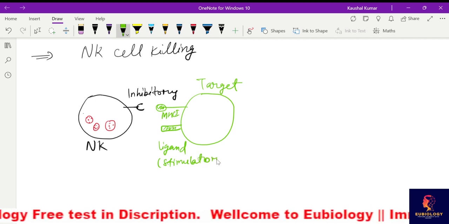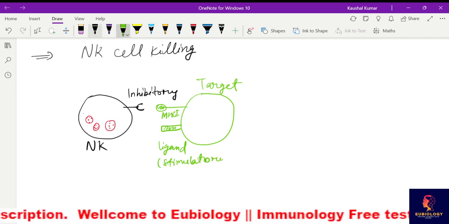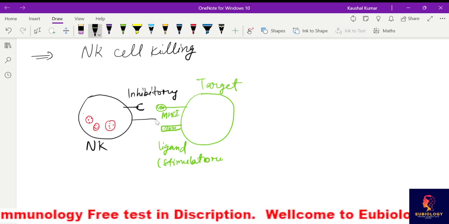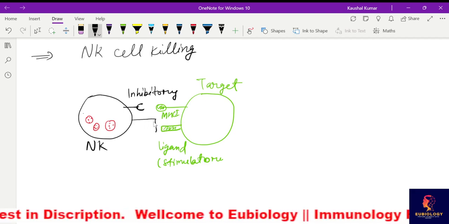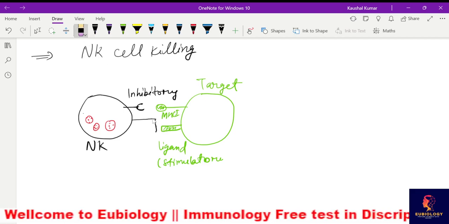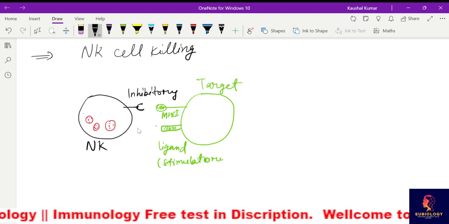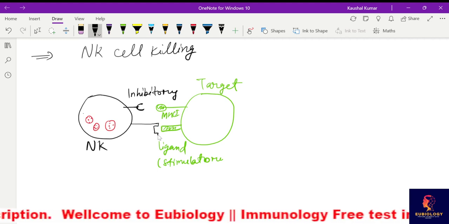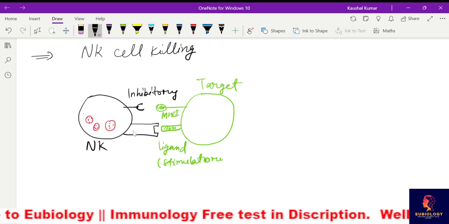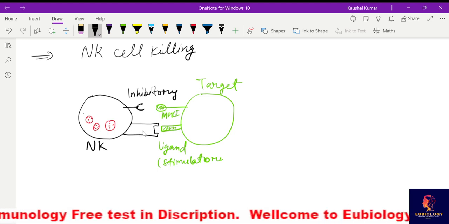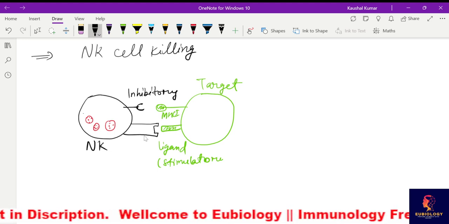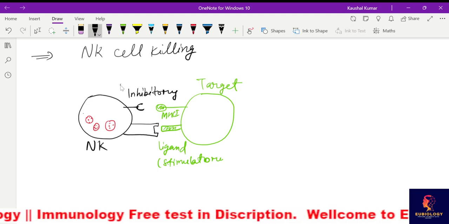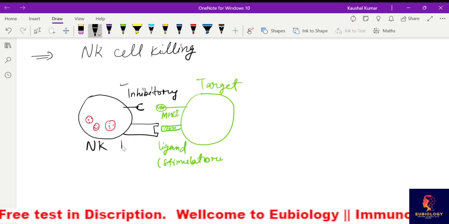If this stimulator is there, then it will bind with another receptor here only. This is the positive, stimulatory. This is the inhibitory receptor, and this is stimulatory.